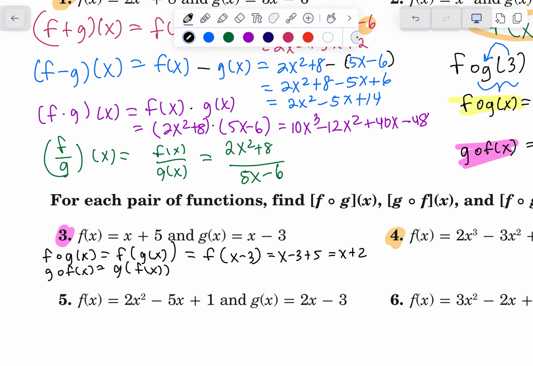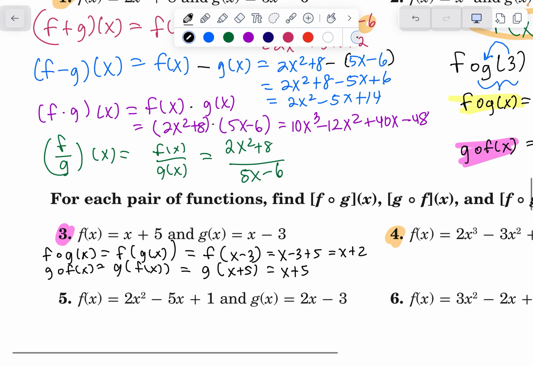So we're going to take the g function, and plug x plus 5 into it. It's going to go right there. So it's going to be x plus 5 minus 3, which is x plus 2. Now, most of the time, you don't get the same answer. So that is very uncommon. I just want to show you those are linear functions, so that does come out to be nice.